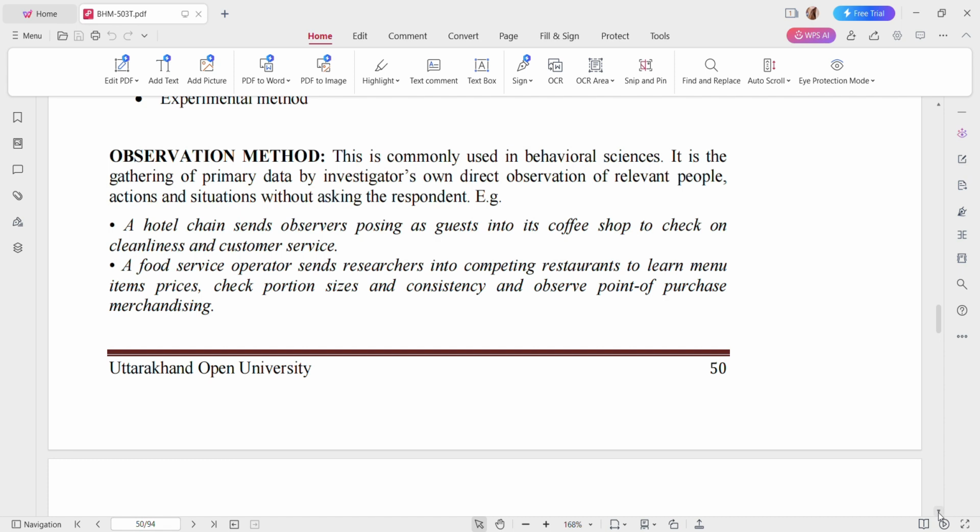Now, why are we doing observation? In research, we do the triangulation method to ensure validity and reliability of our study.